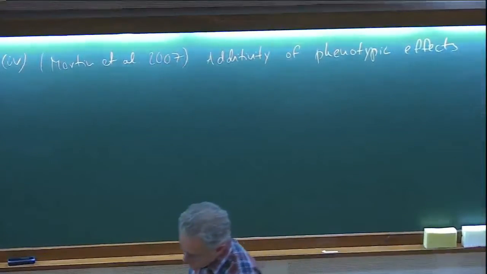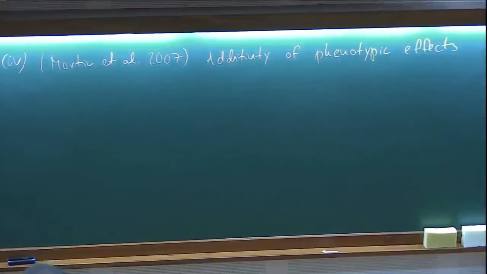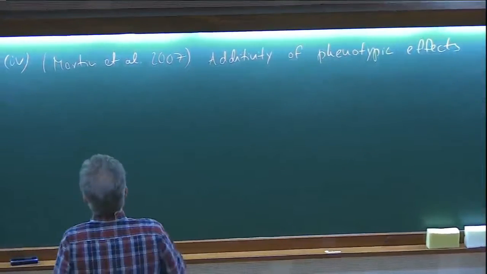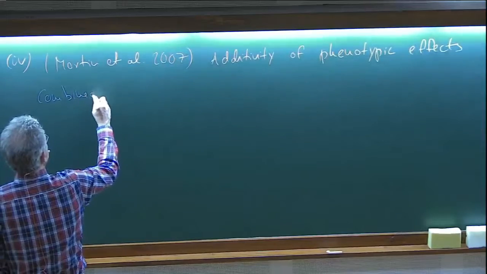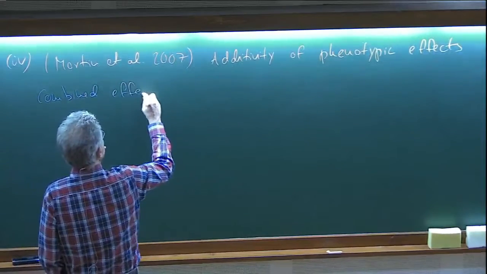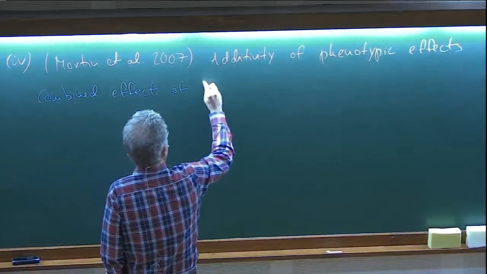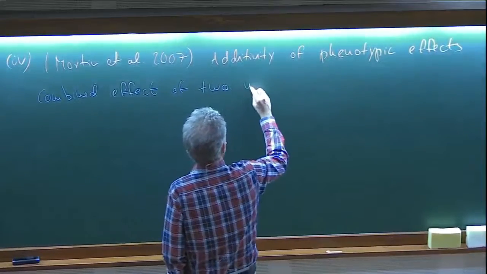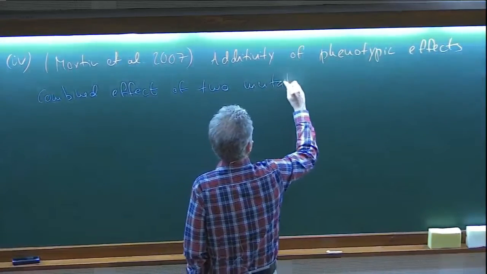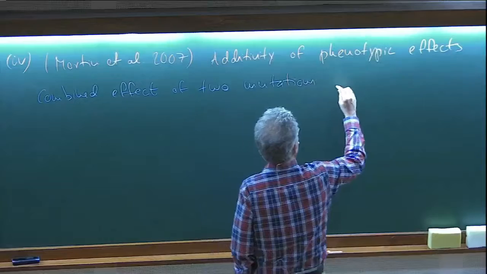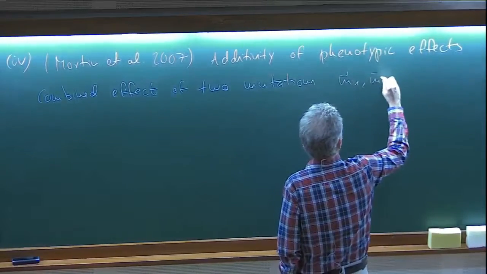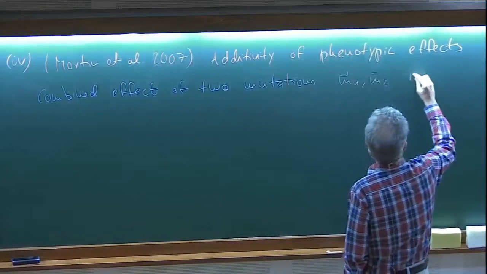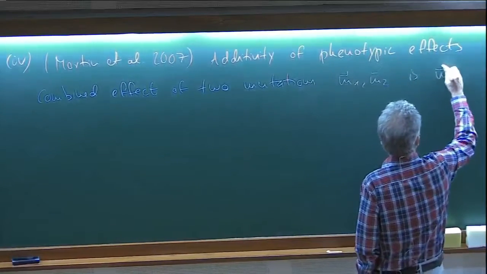And so the assumption here is that if I now combine mutations, so the combined effect of two mutations, let me call them M1 and M2, is just the vectorial sum of the two.